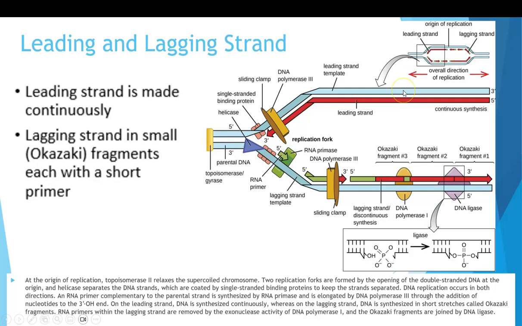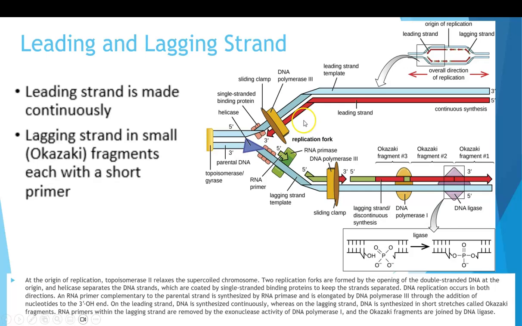And if you remember, the DNA is an anti-parallel molecule, so one strand is from 3 prime to 5 prime and the other strand is from 5 prime to 3 prime.